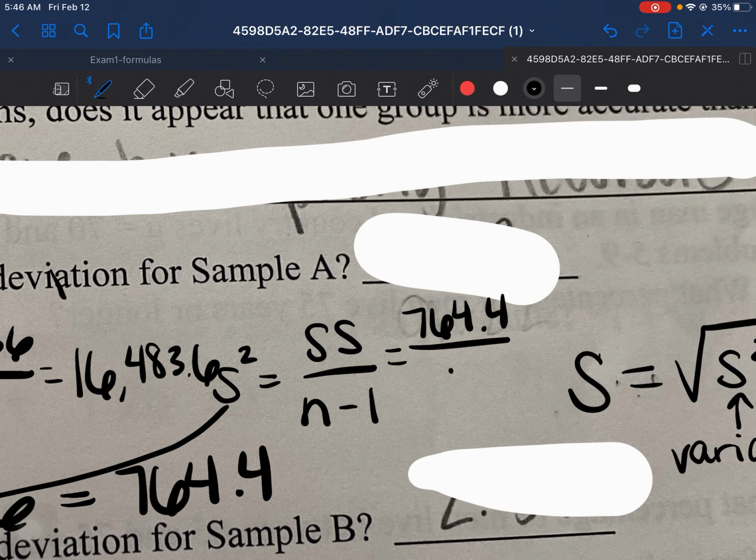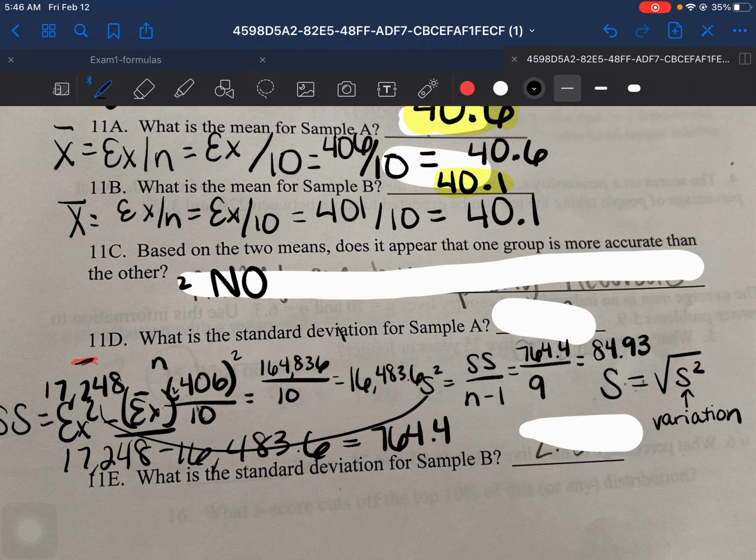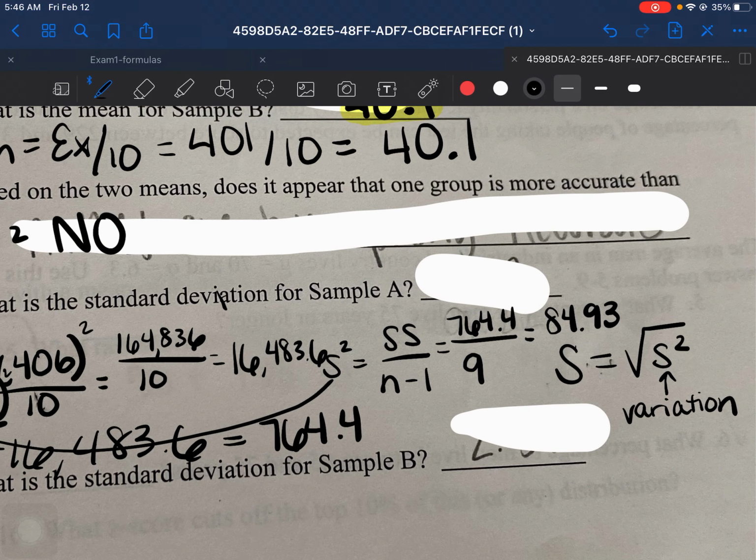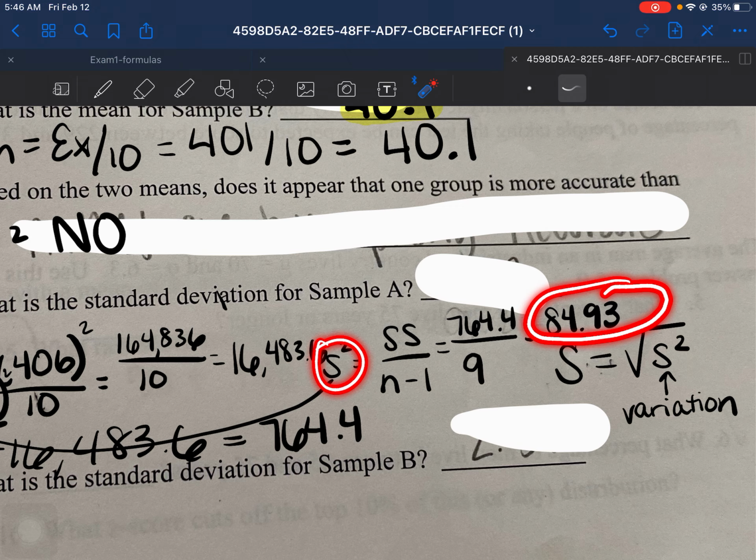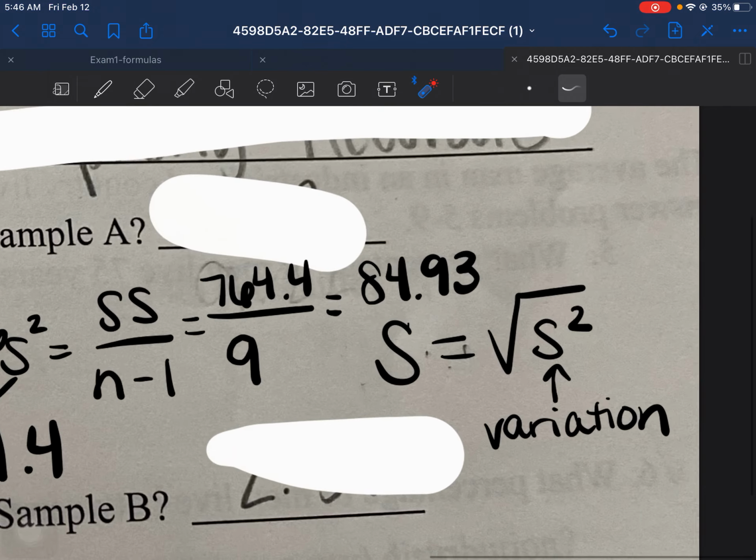We said our n was 10 because that's the number of people in our sample. 10 minus 1 is 9, and then I'm just going to divide that 764.4 by 9. That gave me 84.93. So our variance was 84.93.